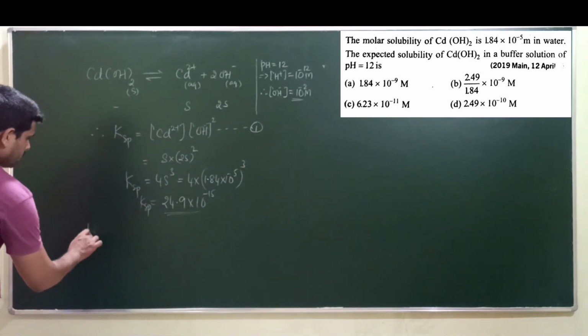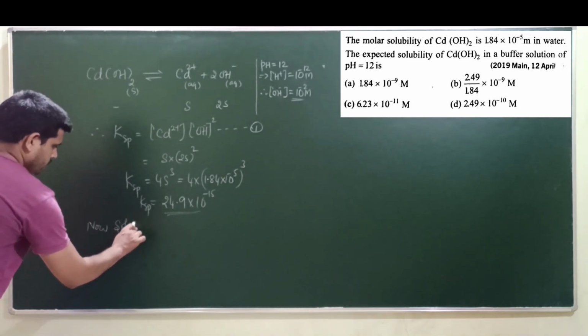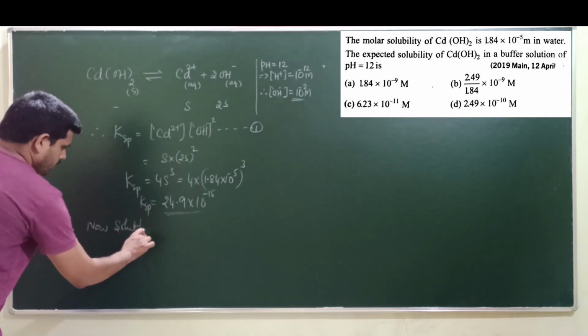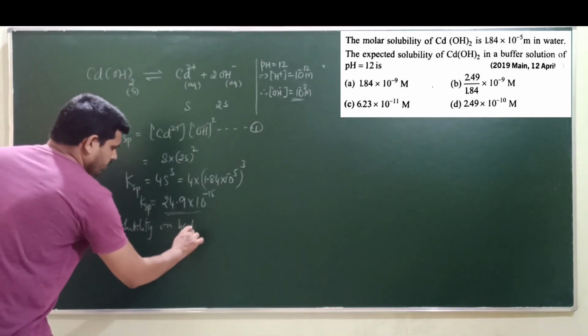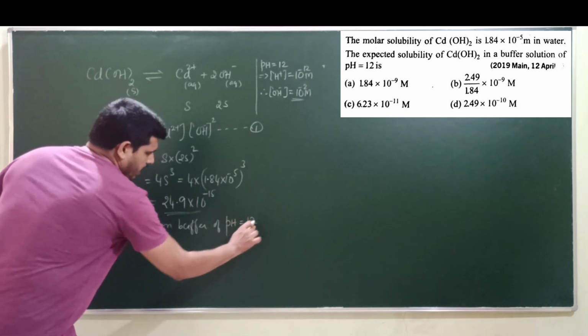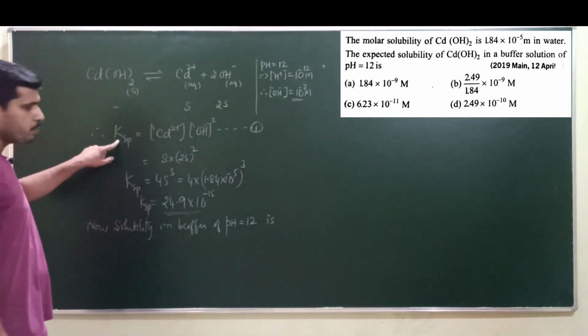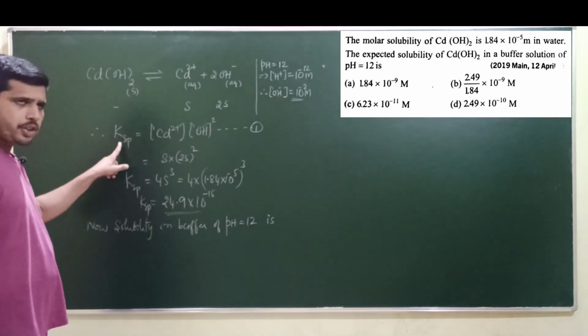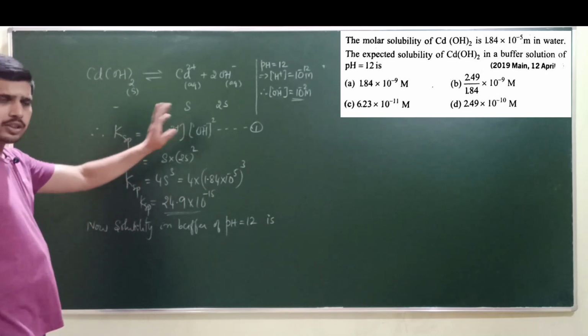So now, how to find out the solubility in a buffer of pH equal to 12? See, the solubility product will remain constant because it's just an equilibrium constant, depending on temperature.